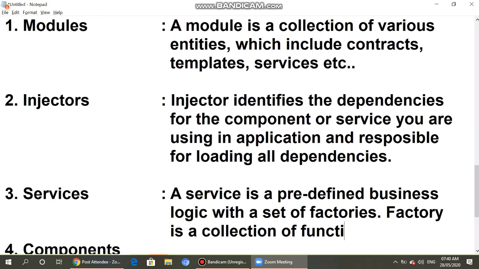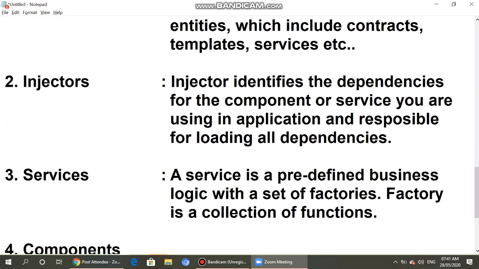Every factory is a collection of functions. The functions are present in services, meaning the factories are injected into services. A service is a predefined business logic, so it contains predefined functionality. Technically, the services are injected into our applications and used.